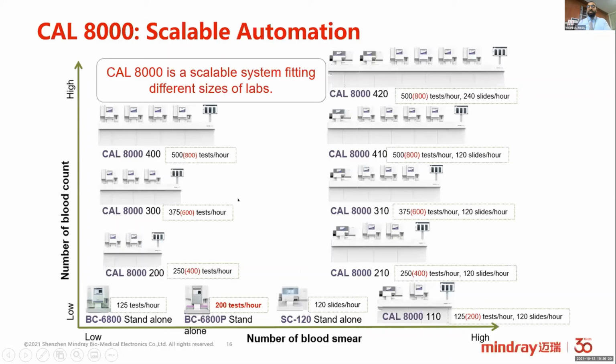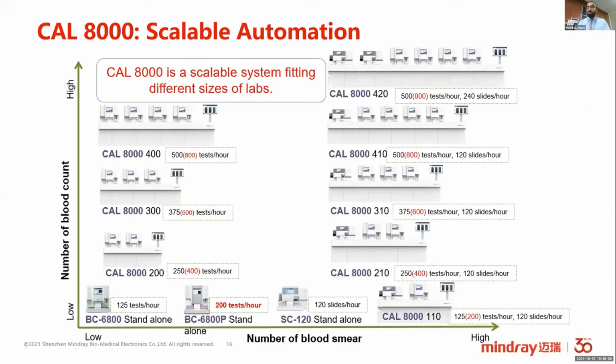Also for this BC 6800 plus, we can switch up and scale to CAL 8000, including a modular system. As you can see here, we can install 4 machines as a maximum for CAL 8000, CAL 6800 plus.